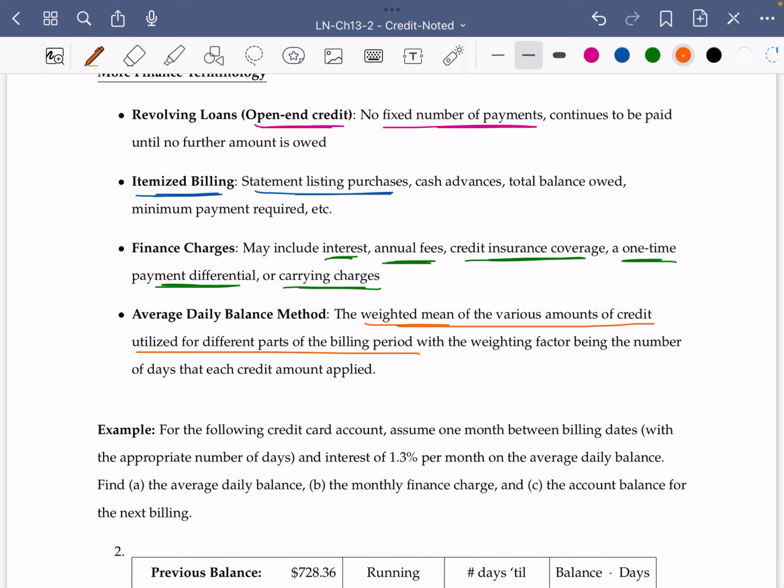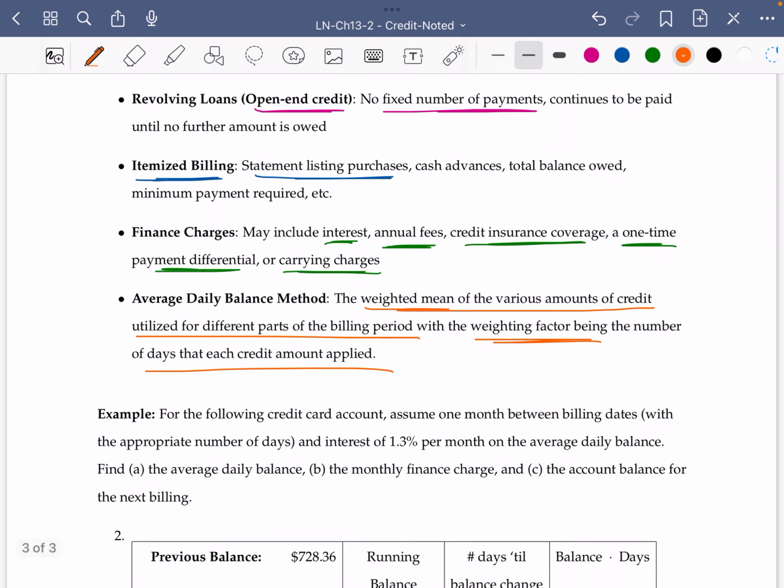I only borrowed that amount for 2 days. So they look at an average amount, and they weight it by the number of days that each credit amount is applied. We'll look at an example where we walk through this piece by piece.